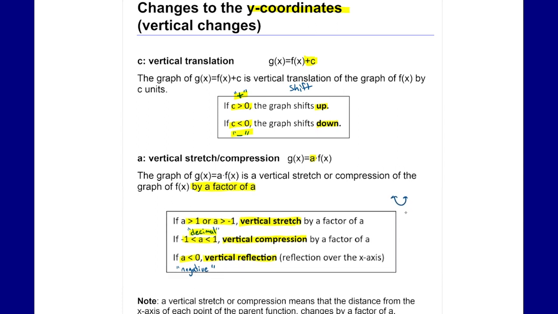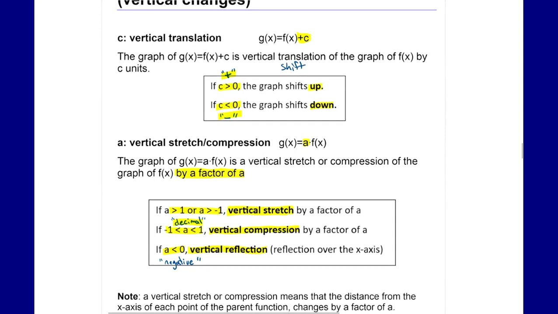Thin, wide, stretch, compress. A reflection basically means the opposite. We just flip everything. A reflection just basically means that we flip it. So it goes like this. That would be a reflection. We flip. So for stretch or compression, we just gave you a visual. Reflection means we flip. And it all depends on what the a value is.